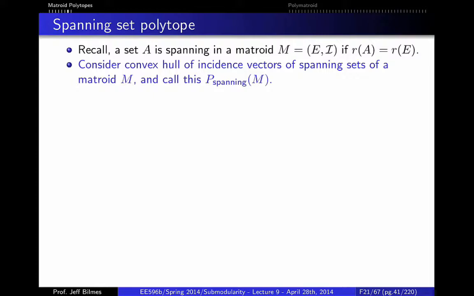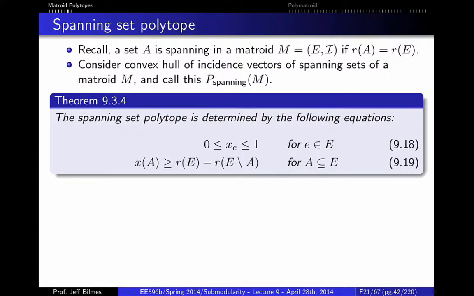Like if it's a graphic matroid, it would be a spanning tree, or anything that's a superset of a spanning tree. So anything that contains a base is a spanning set. So you could take the incidence vectors of these spanning sets and take the convex hull of those incidence vectors, and then that would define a polytope. And that's the spanning set polytope.